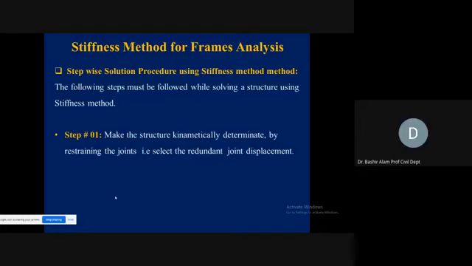So now, the stepwise solution procedure using the stiffness method. Again, remember, the steps are exactly the same as what we did in the case of beams. And how many steps were we having? In step number 1, based on the kinematic indeterminacy, we identify our unknown Ds, and we make the AD matrix corresponding to those unknown Ds.